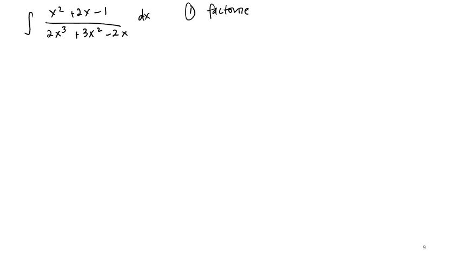For the given question, you have this integral of x squared plus 2x minus 1 divided by 2x cubed plus 3x squared minus 2x with respect to x. First of all, factor the denominator, factorize the q of x. So you want to simplify this.